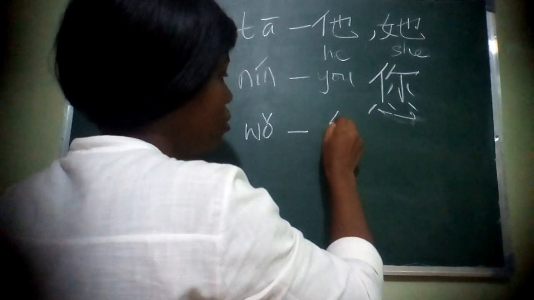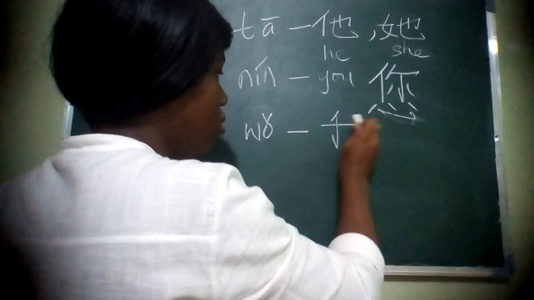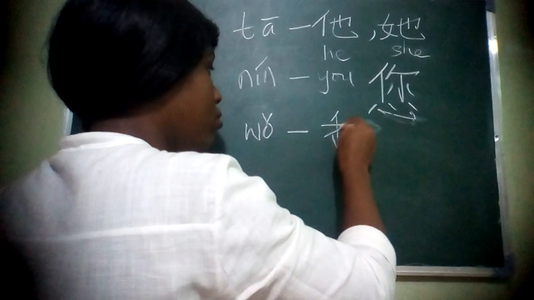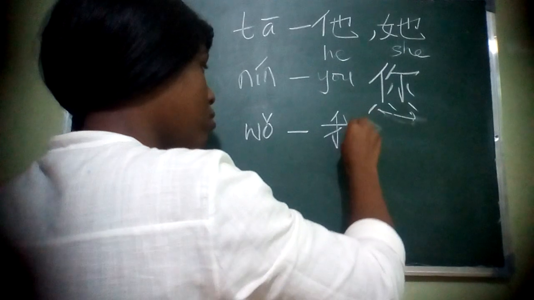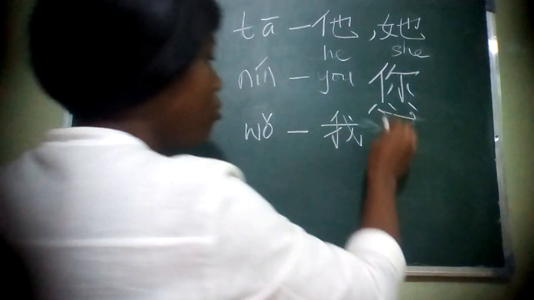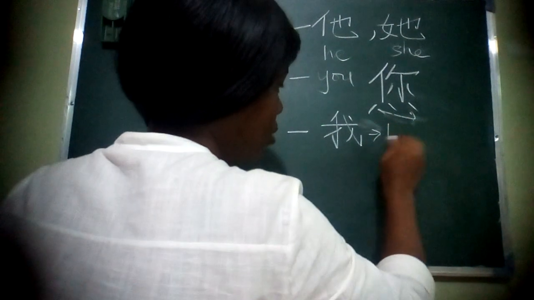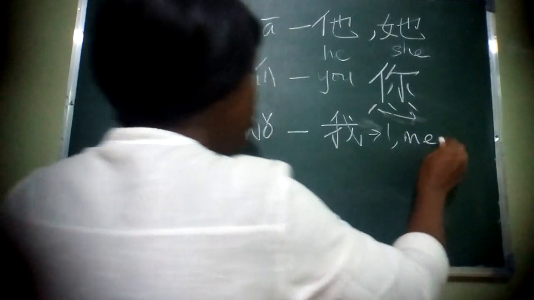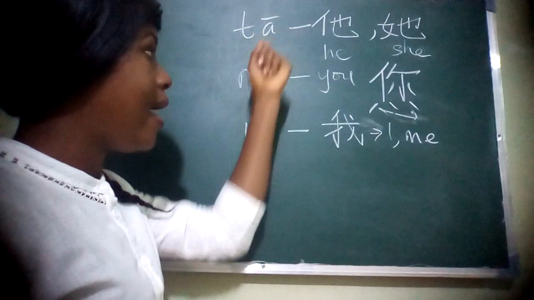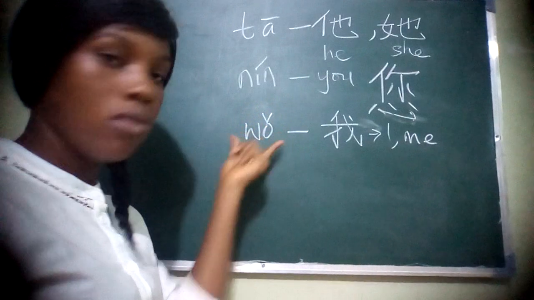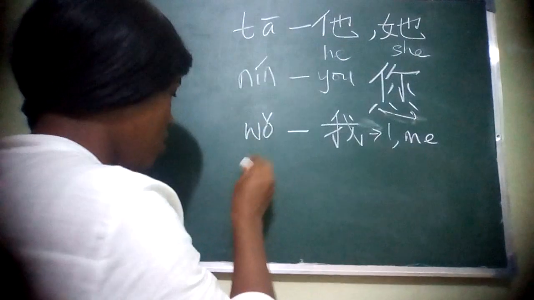We have wo, which is I or me. Wo, ta, nin, wo, and then the following tone, si.